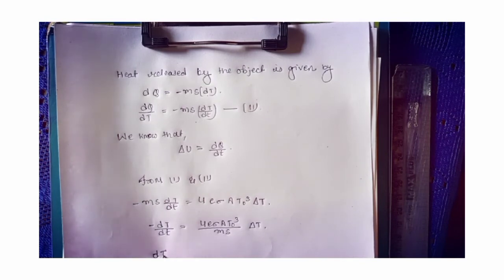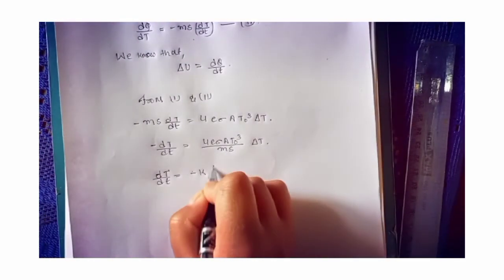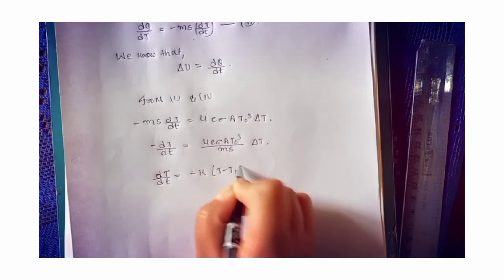So dT by dt is equal to minus of k into (T minus T naught).